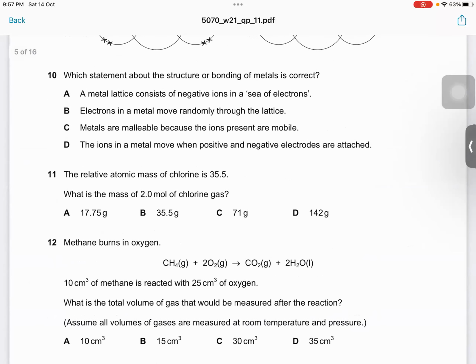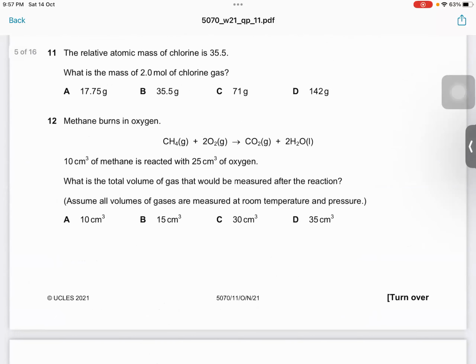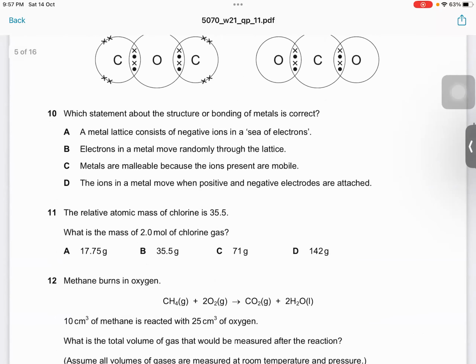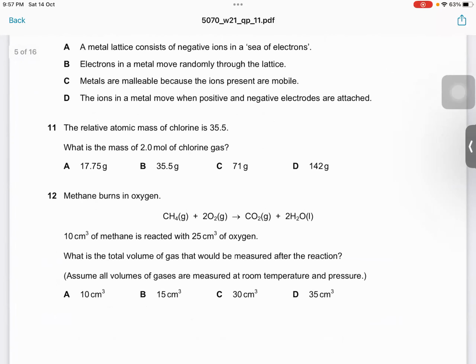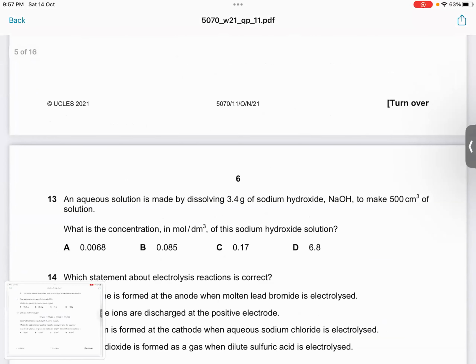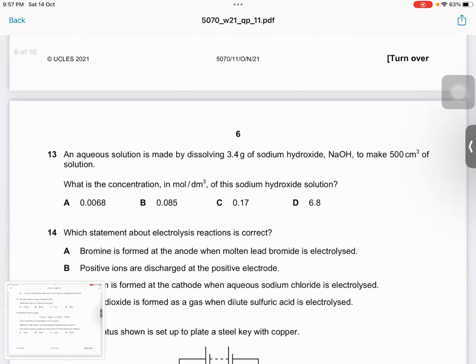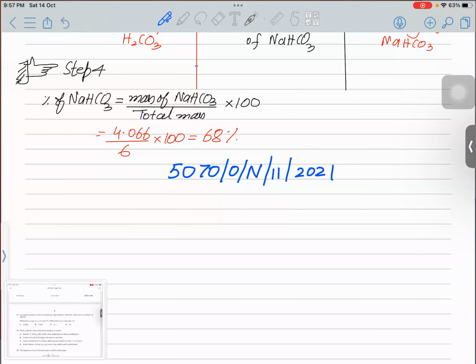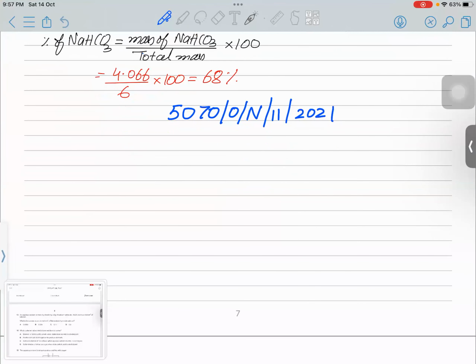Yes, question number 11, 12, 13. The last question is extraordinarily difficult.